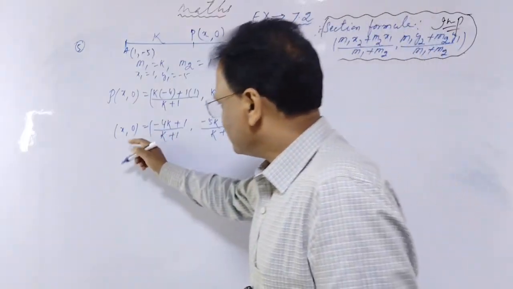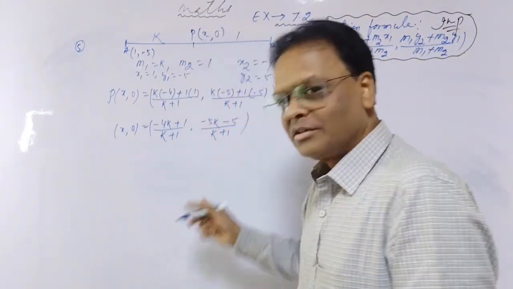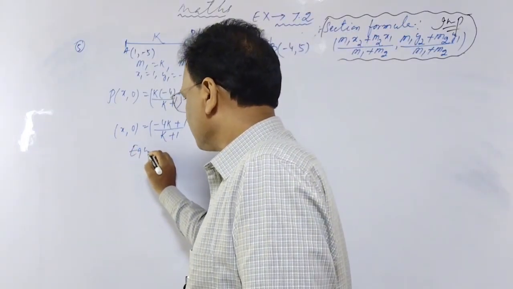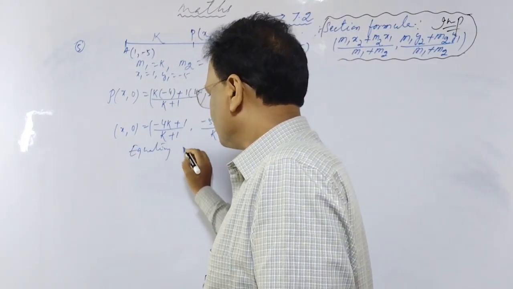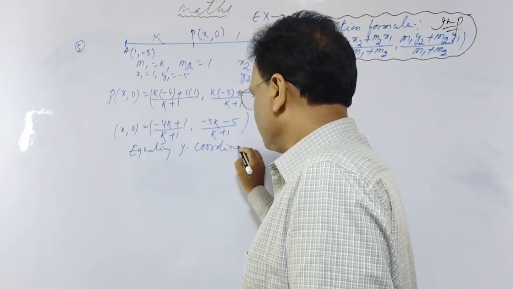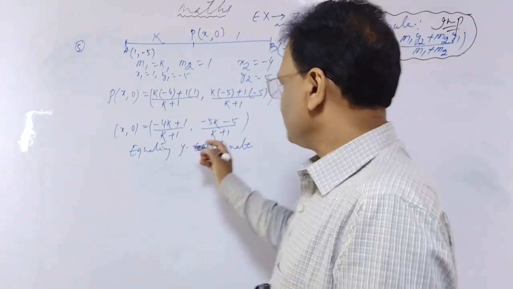Which coordinate? Because my y coordinate is the known value, let me equate the y coordinates. If I equate the y coordinates, what am I getting? What is my y coordinate?